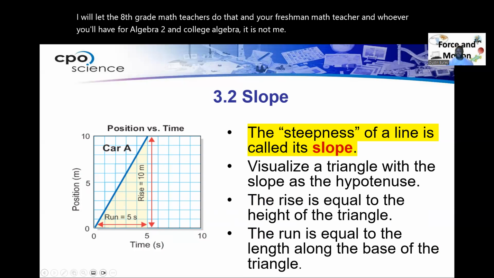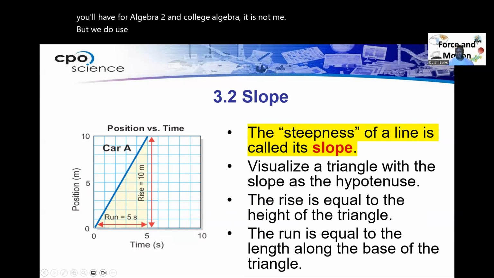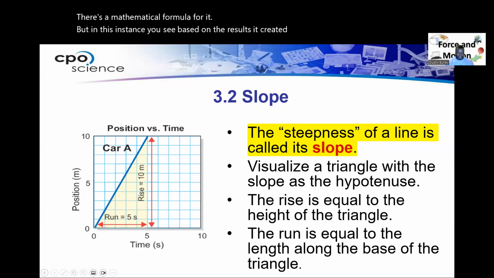But we do use slope in science, and the slope is usually determined like the steepness. There's a mathematical formula for it, but we're not going to go into it. But in this instance, you see, based on the results, it created a slope.